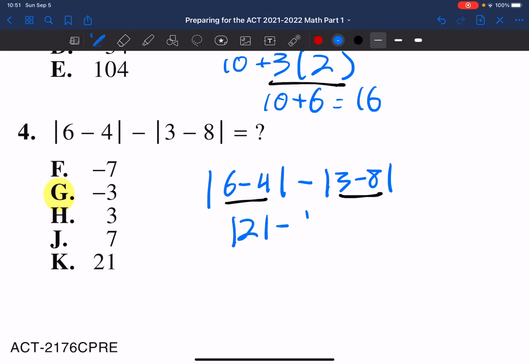And then 3 minus 8 is negative 5. You only take the absolute value when there's a single number inside. So the absolute value of 2 is 2, and the absolute value of negative 5 is 5, and then when we subtract, we get negative 3.